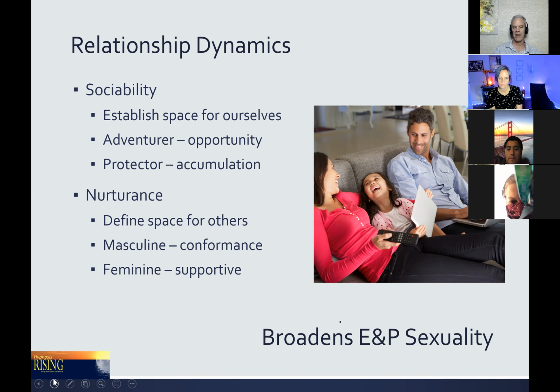Fundamentally, in terms of ENP and in terms of sociability, we are always seeking our complement. The protector is always seeking an adventurer, and the adventurer is always seeking a protector. Got it. We're conditioned that way at a very, very deep level.